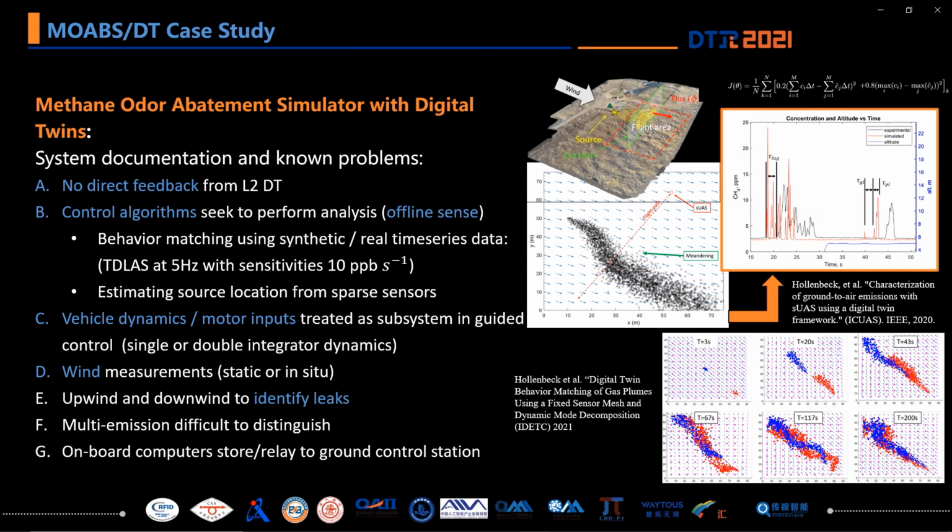The vehicle dynamics and motor inputs can be treated as a subsystem in a guided control mode, such as single or double integrator dynamics. We measure wind as well in a static or in situ way. We have to do upwind and downwind measurements to identify the leaks on the site. And we know that multi-emissions are difficult to distinguish. So if you have multiple emissions, it could affect your overall emission measurement, as well as onboard computers can store and relay information to the ground station.